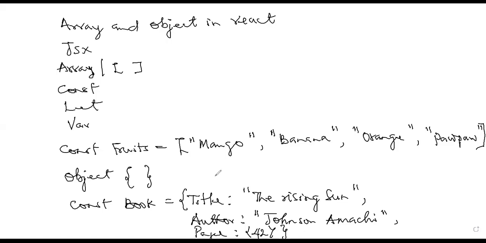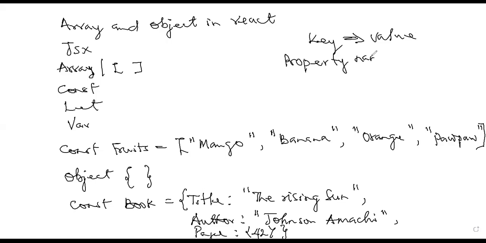Okay. The curly bracket tells you that this is an object. Once you see the curly brackets and you see properties and their values, in React, what we usually call key value, this key is usually called property name.